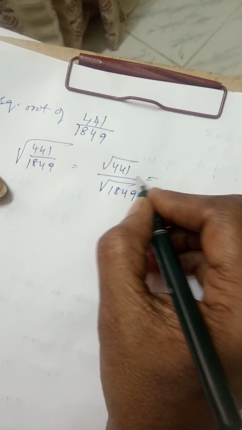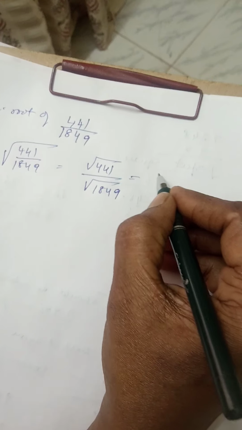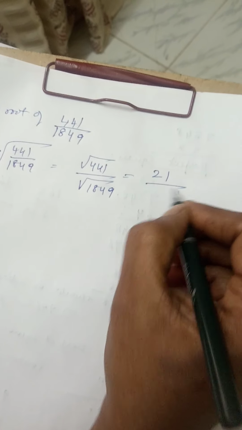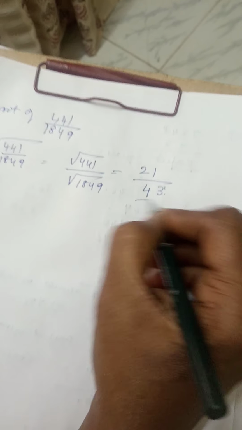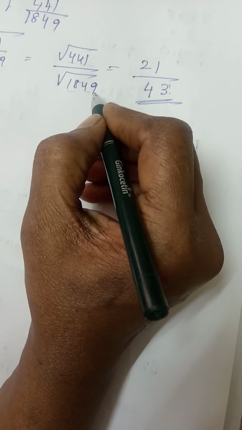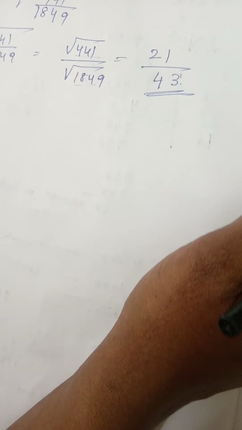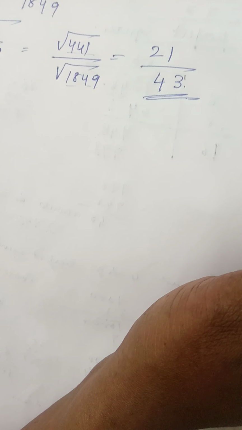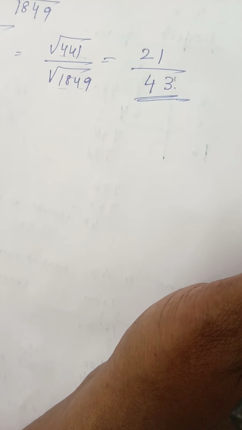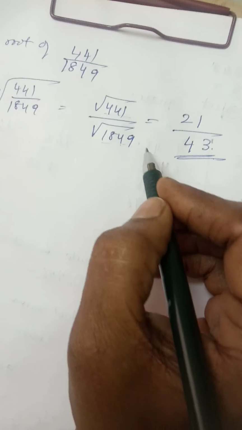Don't do division or get any confusion. The square root of 441, as we have learned, is 21, and this is 43. So this is the square root. Find it for 441 and 1849 as we have done for the previous sums. When the square root is given in fractions, you should find the square root of the numerator separately and the square root of the denominator separately and write it down.